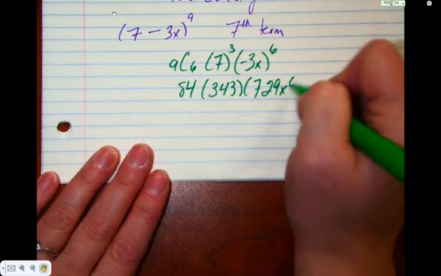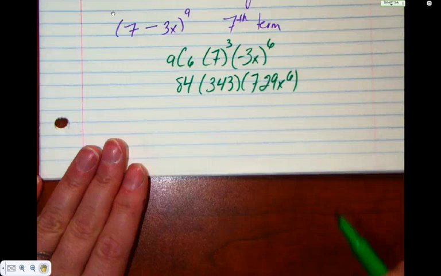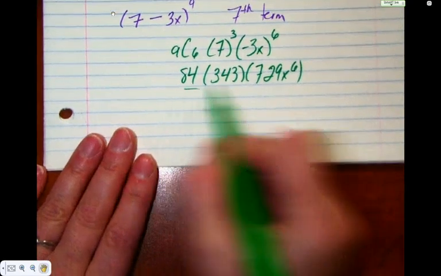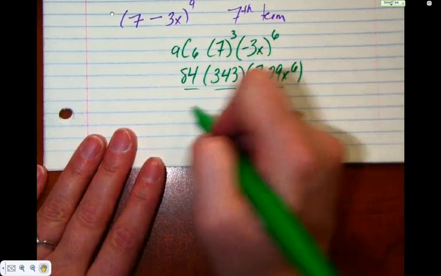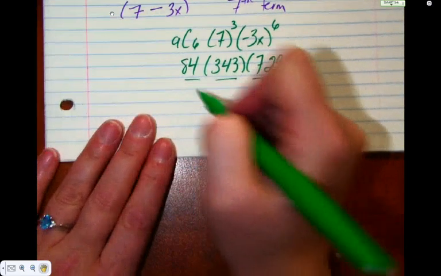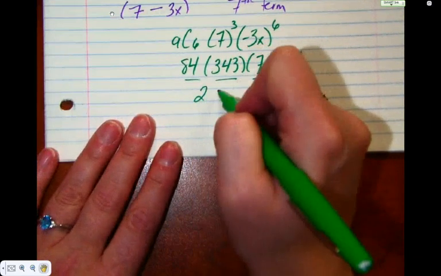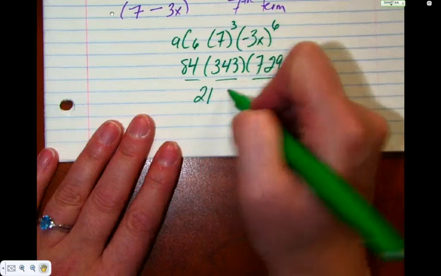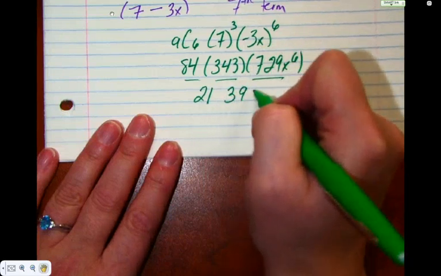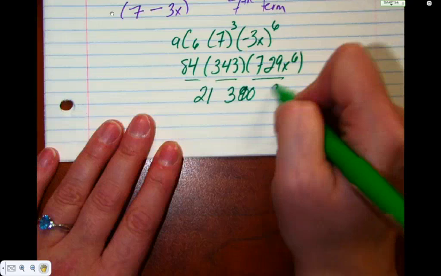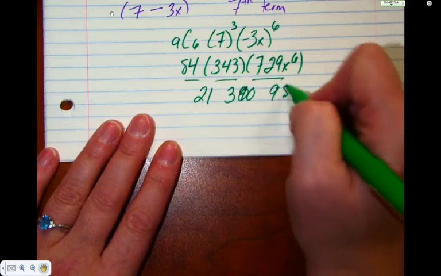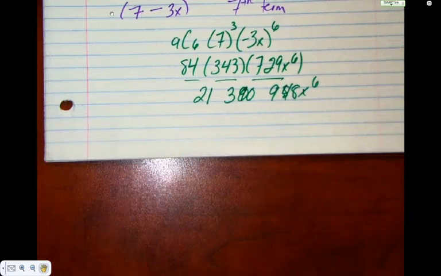What are we multiplying? It should be a huge number. 9, 4, 8. Did I get that right?